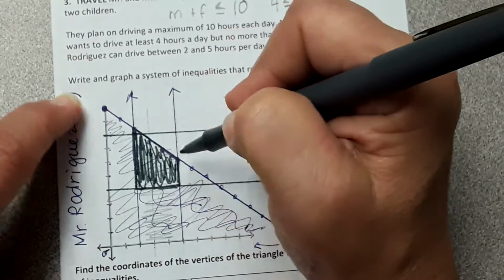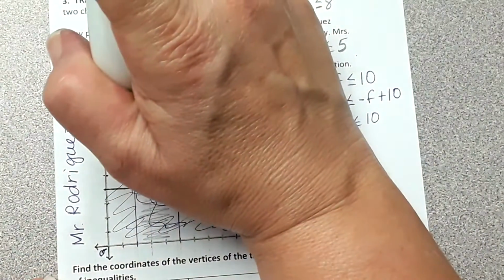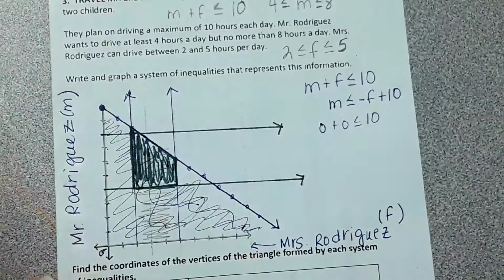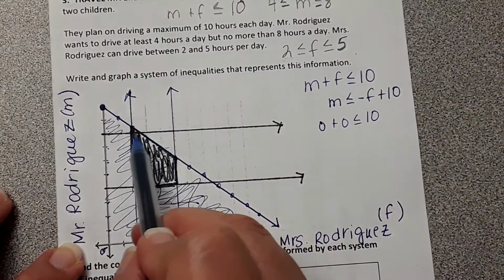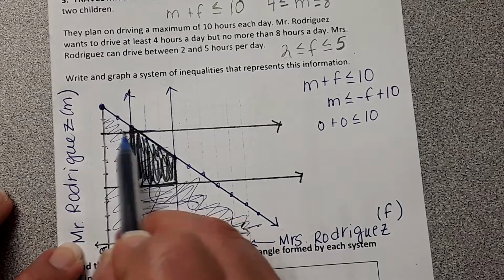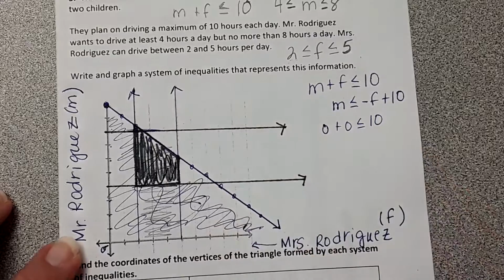Of course, because God forbid I ever do something right for you guys. This part right here is not right because it goes past that line. You don't want to pass that line. So it's right where they intersect.